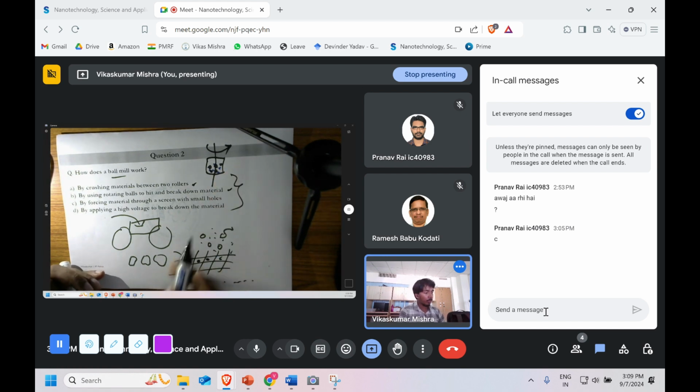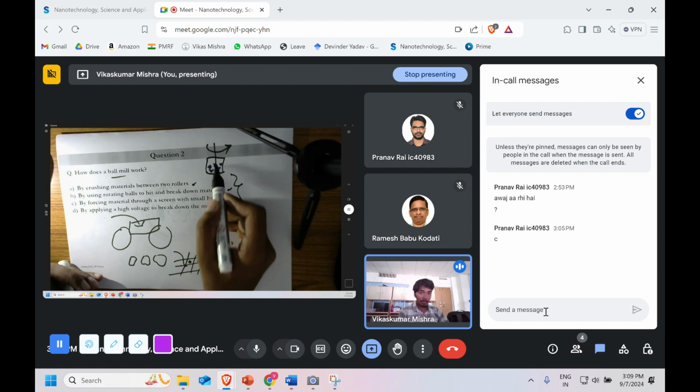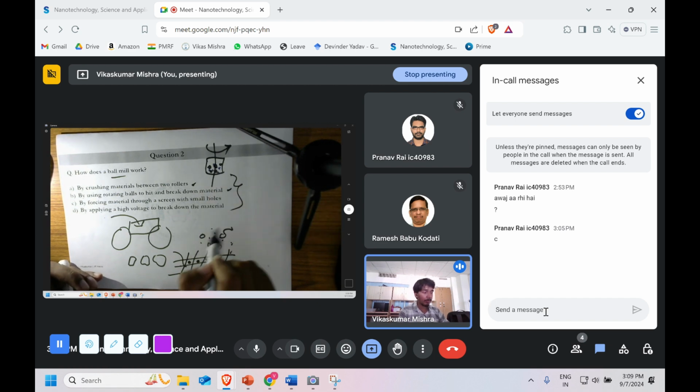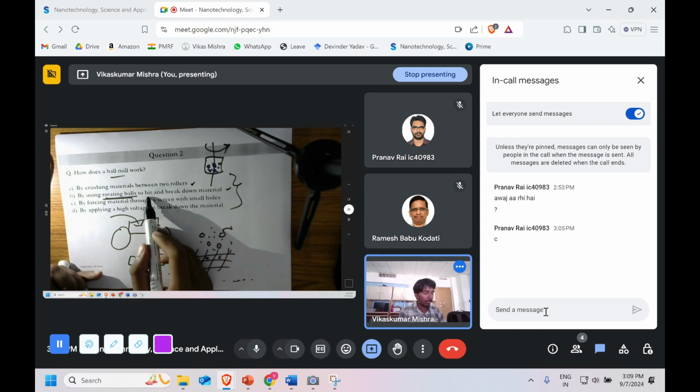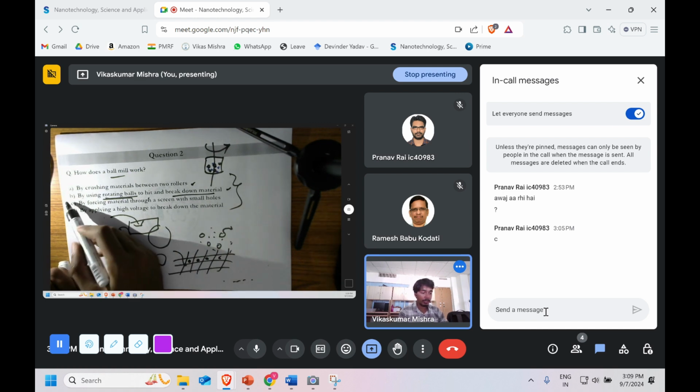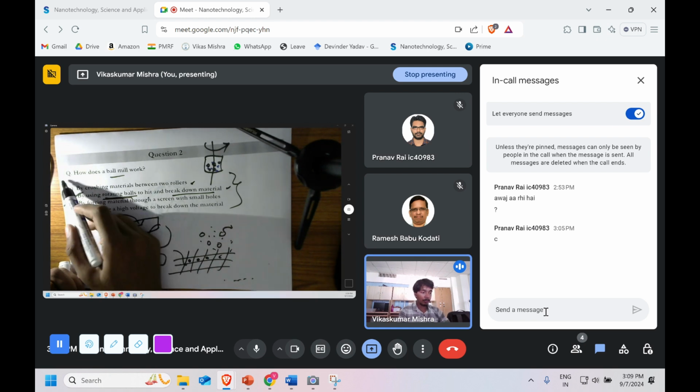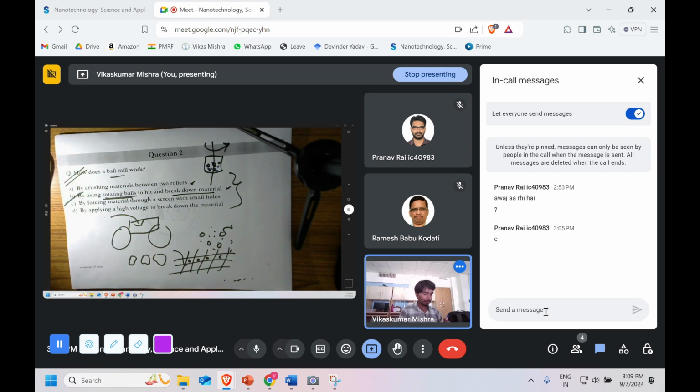The zirconia or tungsten carbide balls hit the powder and break it down. So we have rotating balls that hit and break down the material particles. So option B is the correct option in question number two. If there is any doubt, please let me know. If not, let's move to question number three.